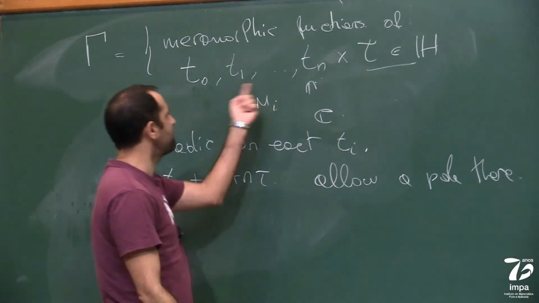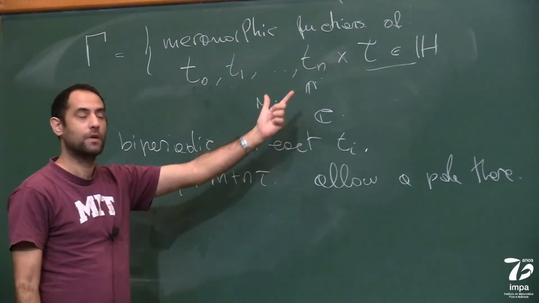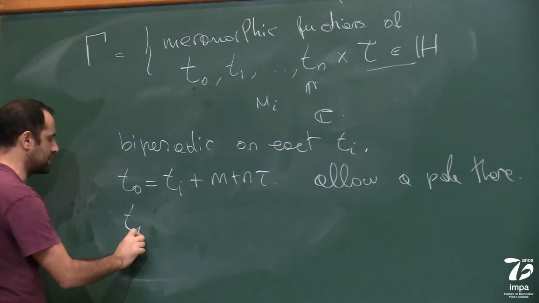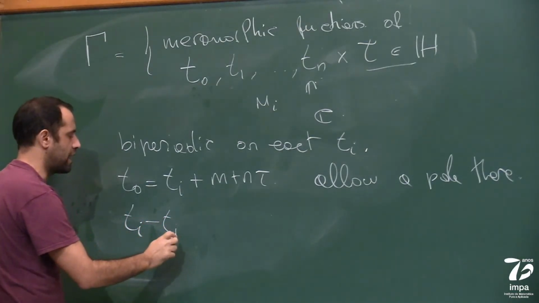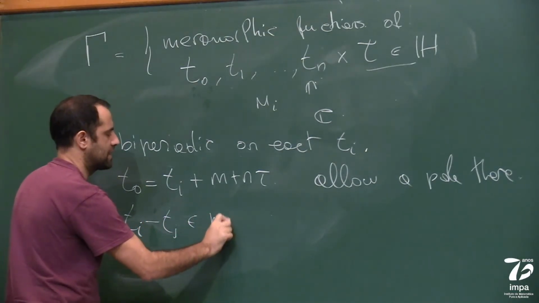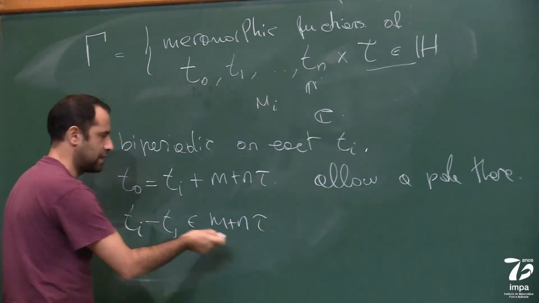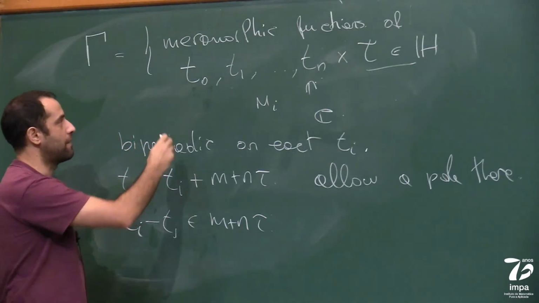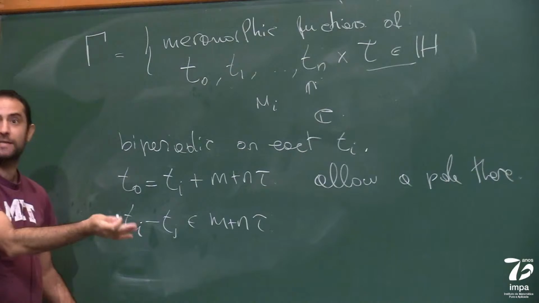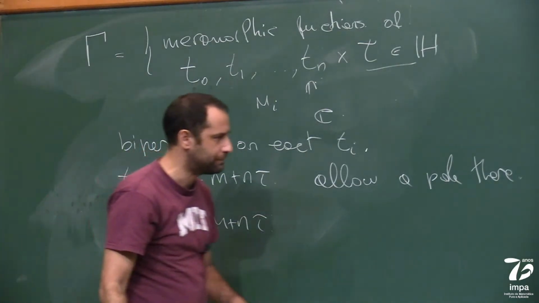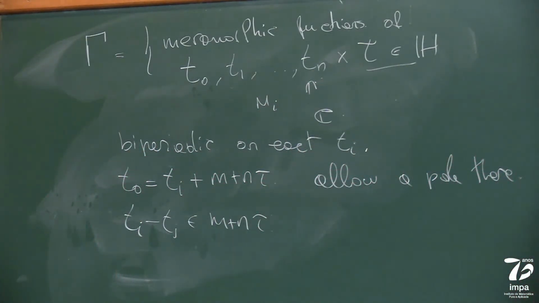And also I want my points to be different. So I'm going to allow singularities at ti minus tj in m plus n tau. Although this is irrelevant, I'm going to pick them, t1 up to tn, fixed to be just n points. And the differential is what you think it is.